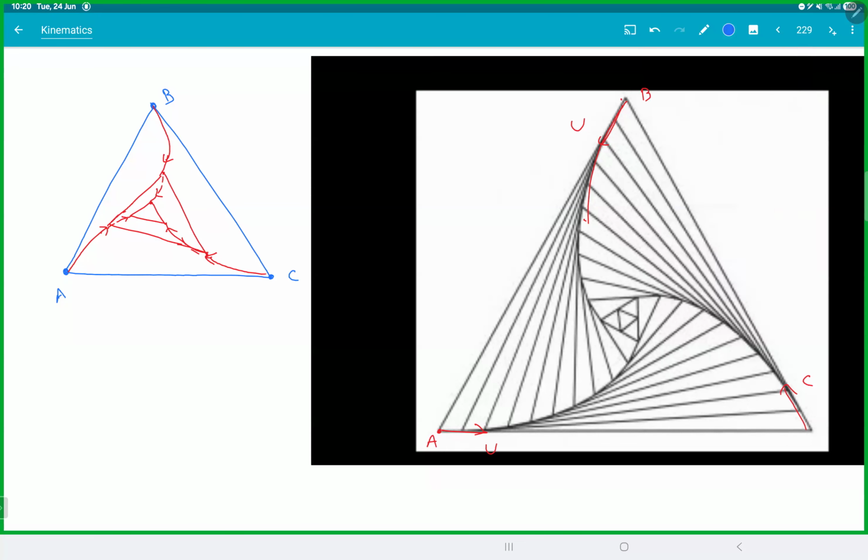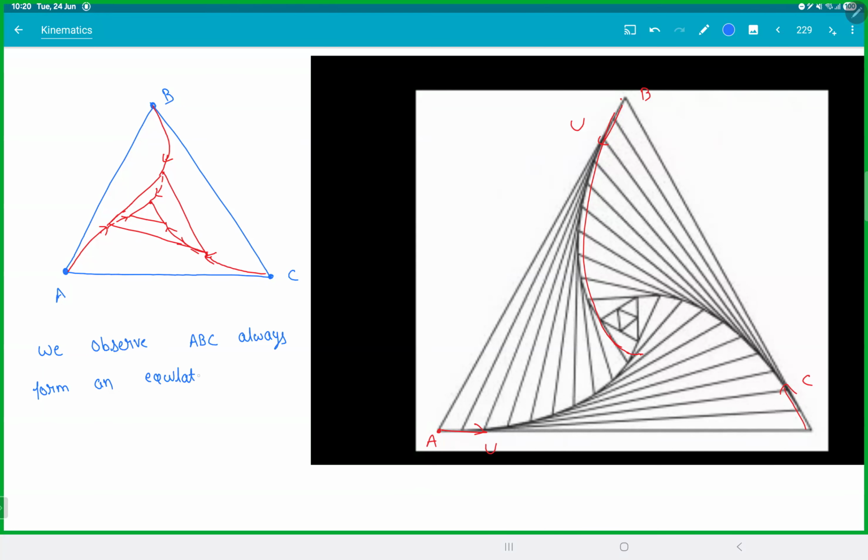So what do you notice in this? While they're rotating, if you look at any one path, it is spiraling in. There are a few observations here. First, A, B, C will always form an equilateral triangle, because of symmetry: they're going with the same speeds and are in a symmetrical setup.